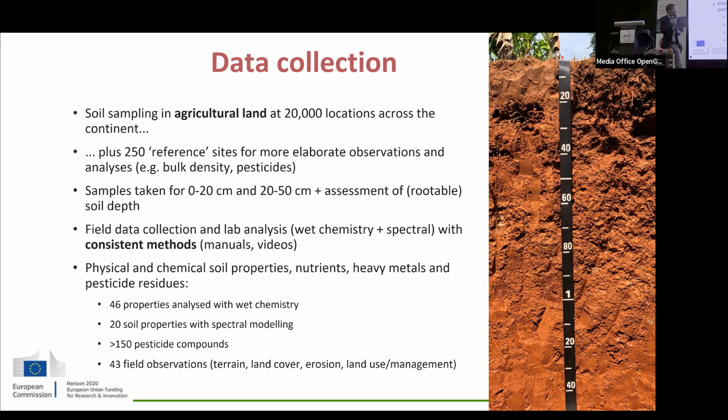In total, 46 properties are analyzed with wet chemistry, of which currently 20 are also modeled with spectroscopy. We analyze presence of over 150 pesticide compounds. And when we are at the sampling site, we take observations of about 43 attributes, variables related to terrain, land cover, erosion, and land use and management. So we're collecting a really rich data set in this project.